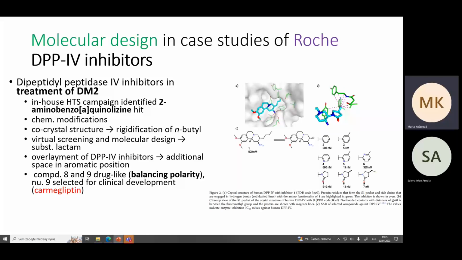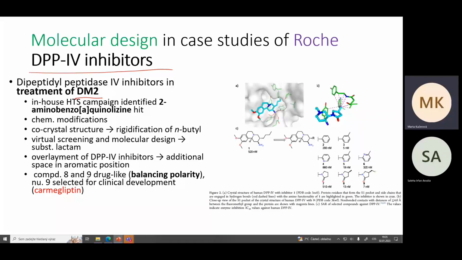And I have the last 4 examples from Roche company. The first one focused on dipeptidyl peptidase 4 inhibitors that could be useful in the treatment of diabetes mellitus type 2.